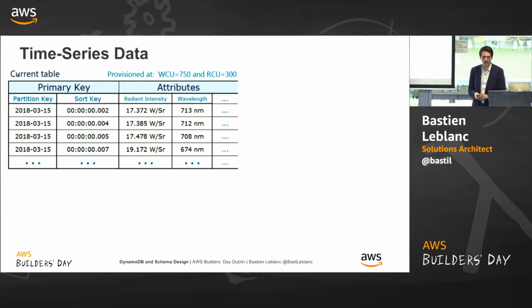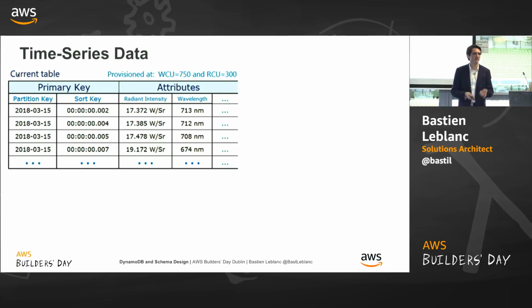The last example I have for you is time series. And we still talk about this, even though you probably heard this morning about Timestream, the new time series database at Amazon. I still think that DynamoDB can handle time series quite well if you do it properly.